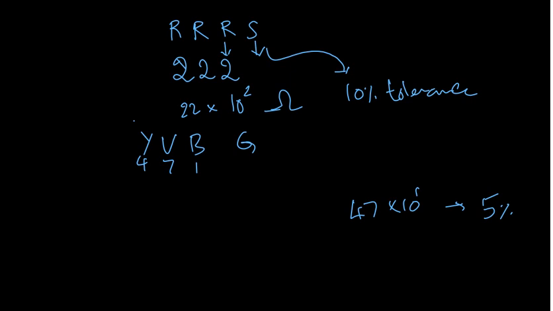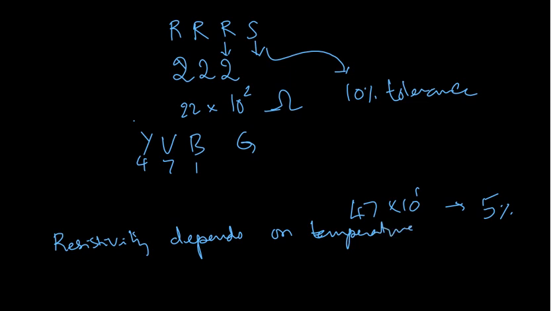So rho 0 multiplied by 1 plus alpha within the bracket, the difference between T and T0. Now let's look at this. This equation is to be remembered.